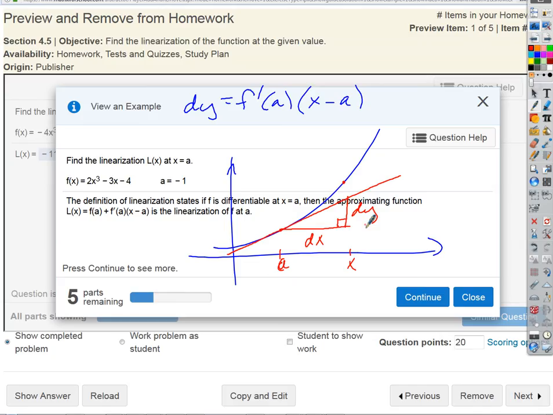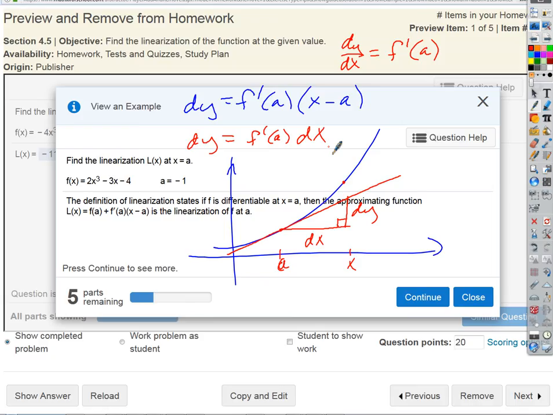So we said that dy/dx equals f prime of c, which would be f prime of a in this case. And so we said dy equals f prime of a times dx. Well, what's x minus a? dx. Same thing. So that's all they're saying.